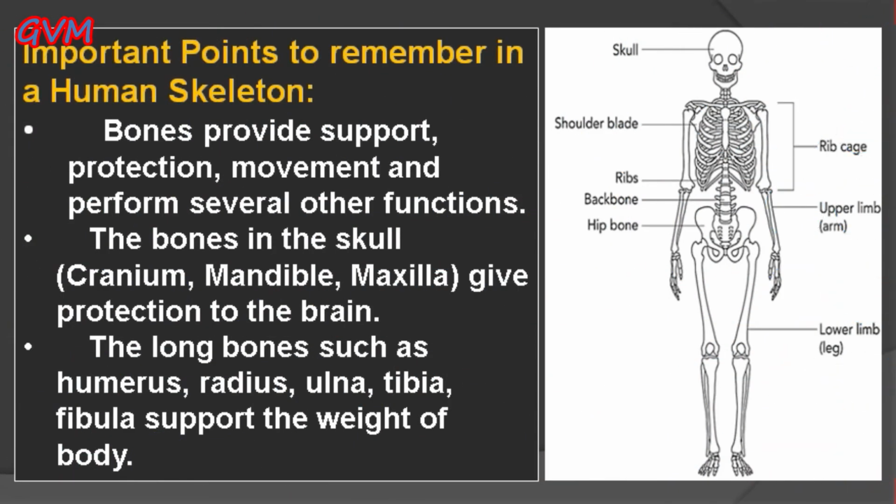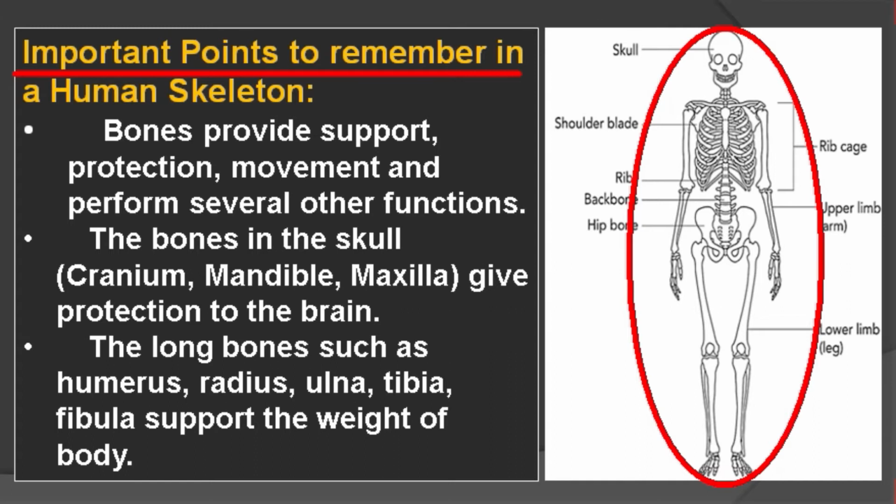Now students, let's discuss some important points related to the human skeleton. Students, as we discussed earlier, bones are white, hard structures that provide support, protection, movement and perform different functions in the human body. In the same way, students, there are different kinds of bones present in our skull.